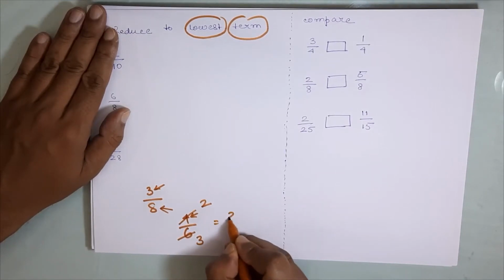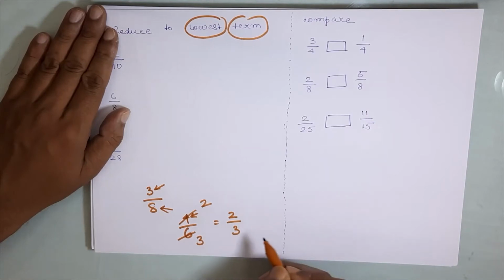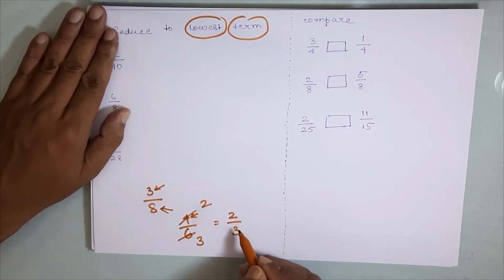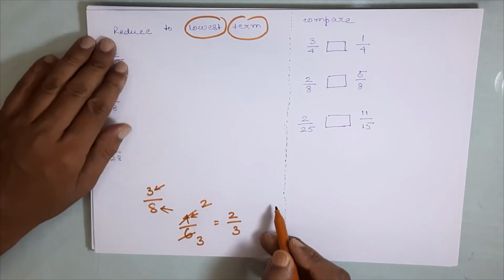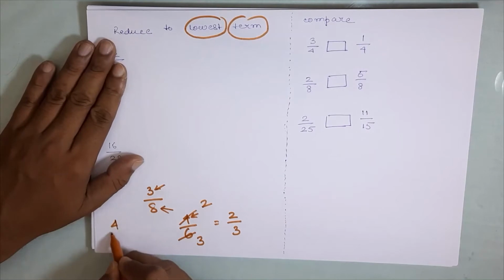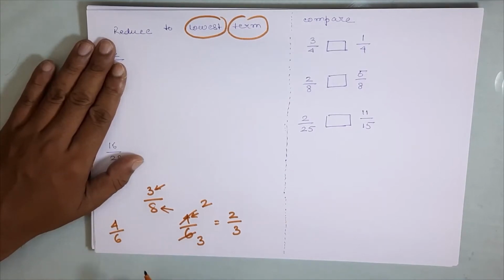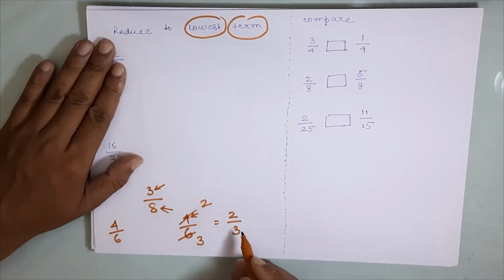And we can write 2 by 3 as the lowest term for 4 by 6. Actually, the amount represented by 4 by 6 is equivalent to the amount represented by 2 by 3.